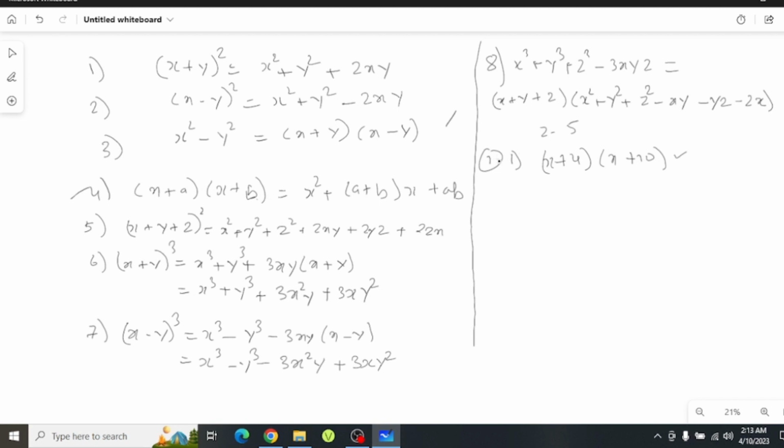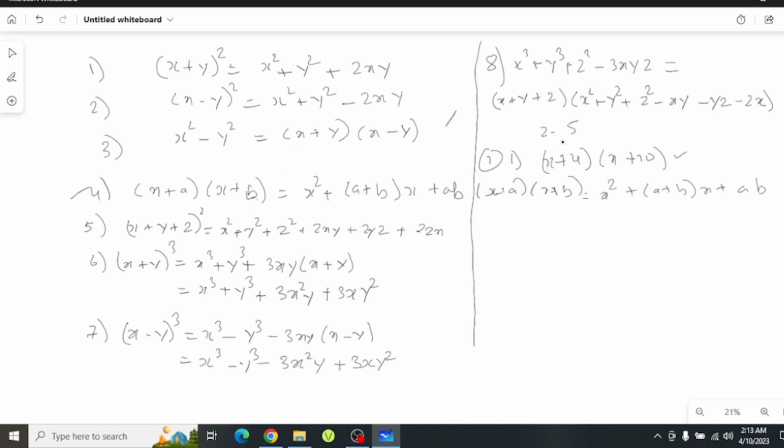Okay, in the question, first you have to mention the identity that you are using. It will give you 1 mark in the question. x² + (a + b)x + ab.